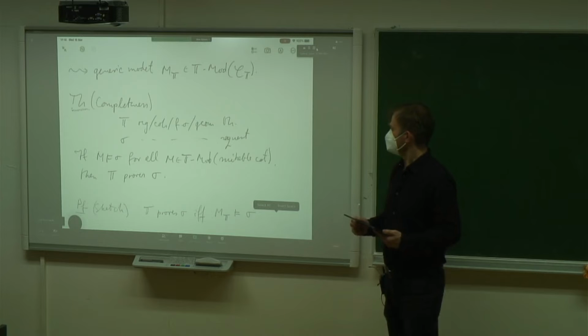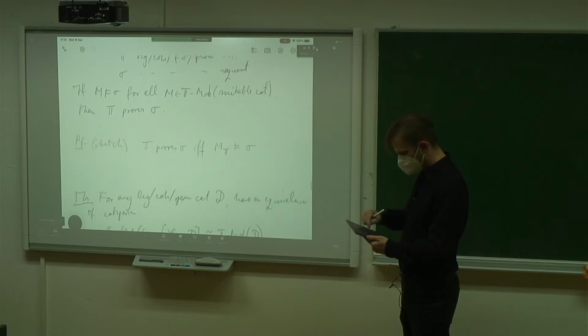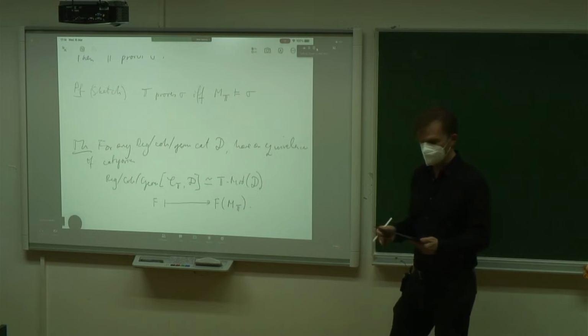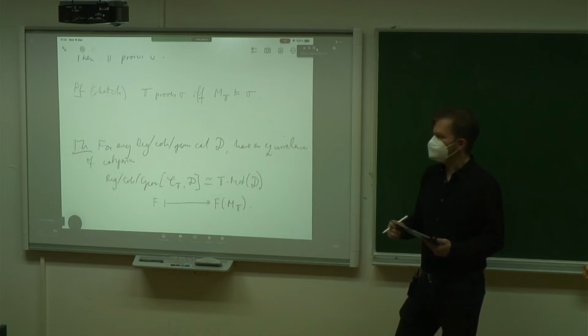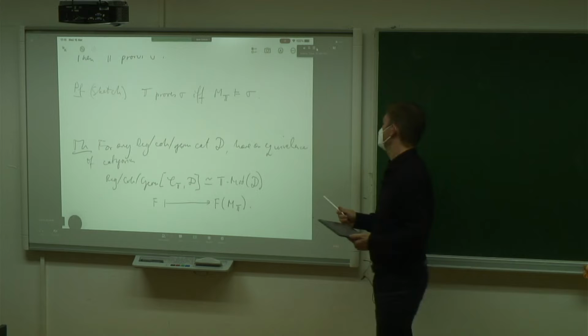Now another good property of the generic model is that any other model can be obtained as an image of the generic model. So this is the statement of this theorem.